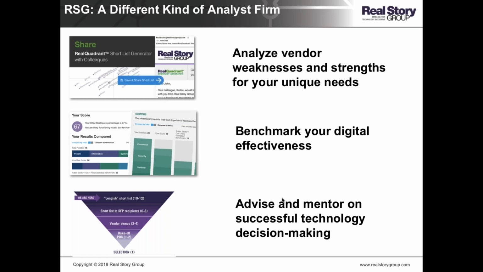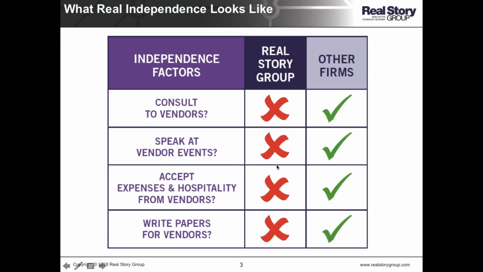We have other tools that can help you benchmark your digital effectiveness. And one thing we do with all of our subscribers is advise and mentor them in successful technology decision making. That can be around overall roadmap strategy, stack audits, and of course, selecting technology. So as an analyst firm, we basically help you be successful in whatever decisions you're trying to make, and make sure that it's backed up by really solid research.